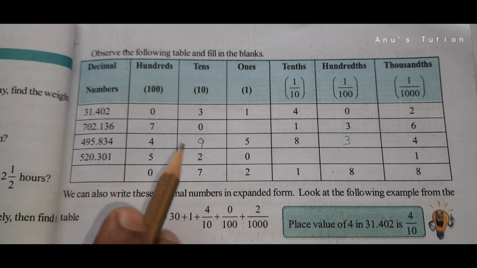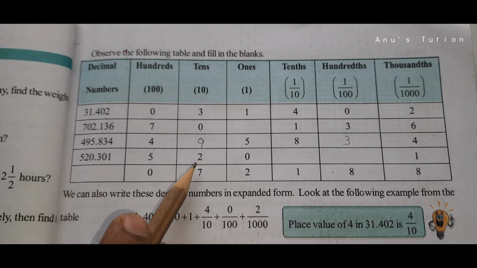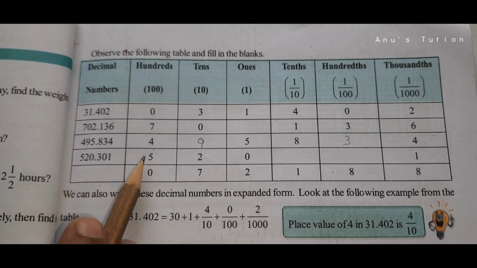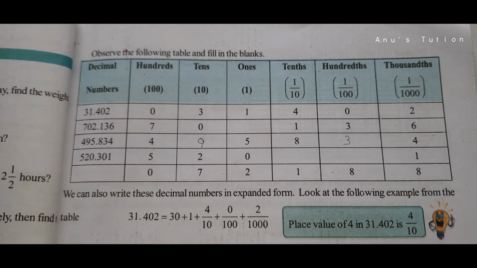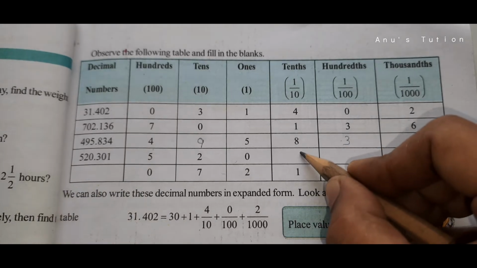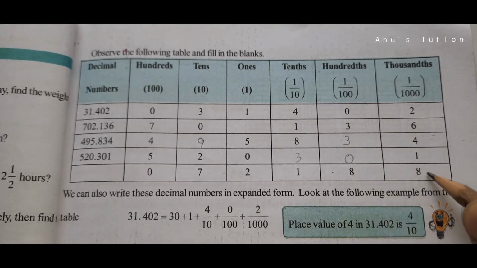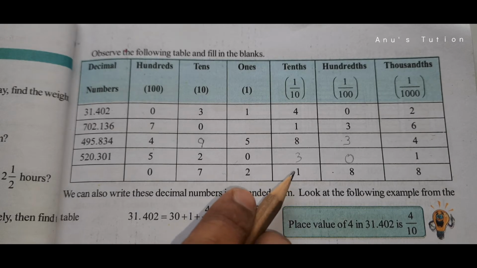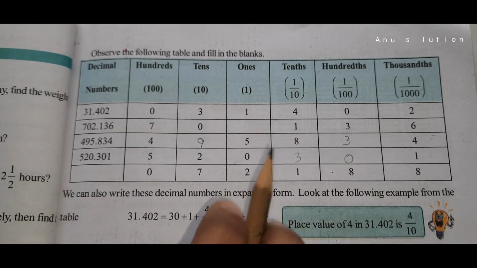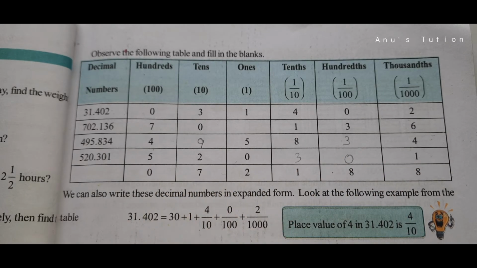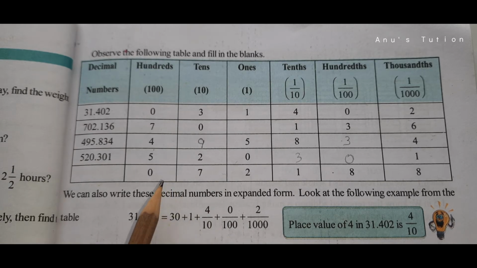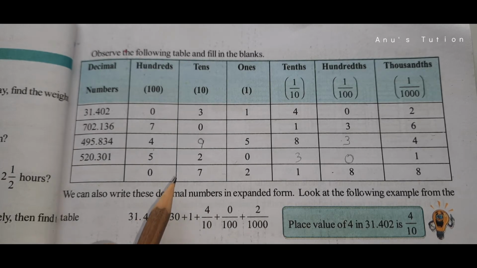Next, 520.301. Here ones place is 0, tens place is 2, hundreds place is 5, and 1 by 10 place is 3, 1 by 100 place is 0, and 1 by 1000 place is 1. Now in this place value chart, place values are given and we have to find the decimal number.